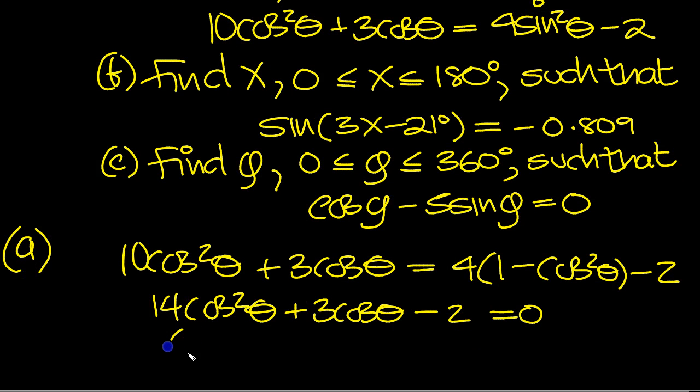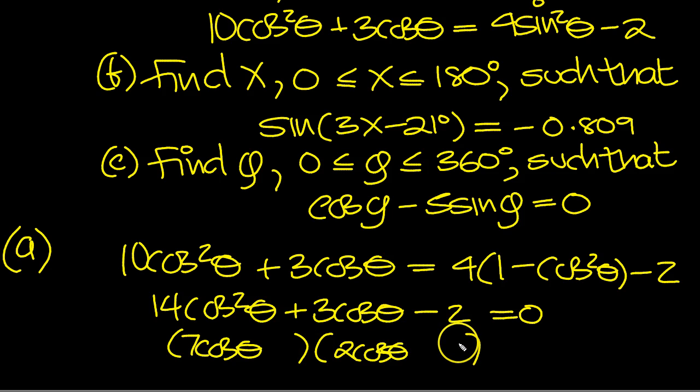So now we can factorize, hopefully. So 7 and 2, I would presume it has to be. 7 and 2 and 2 and 1. If we do that as a 1 and this as a 2, we'll get a difference of 3, won't we? 7 minus 4 is 3.